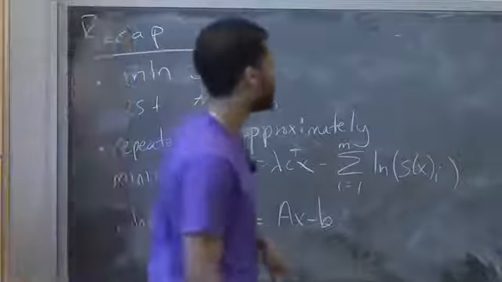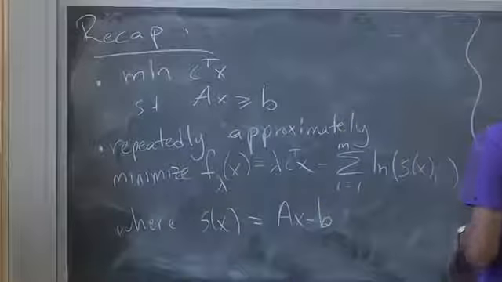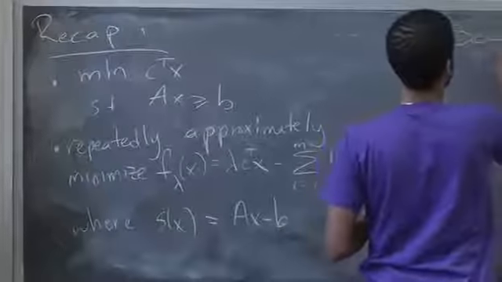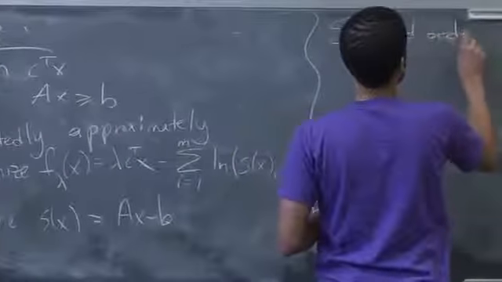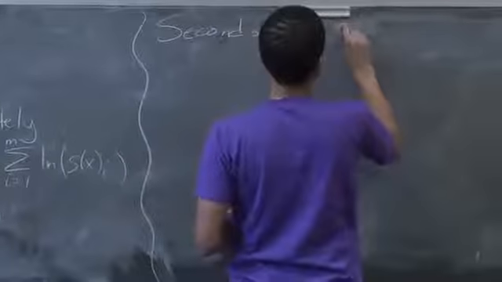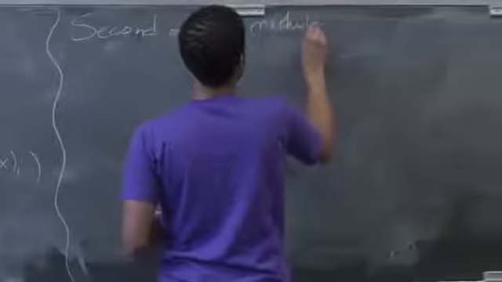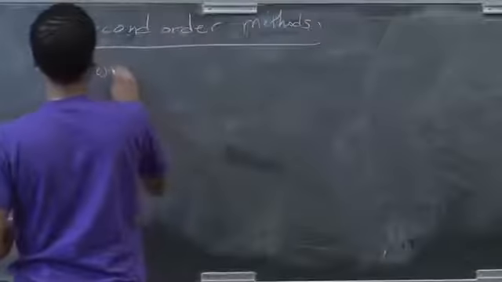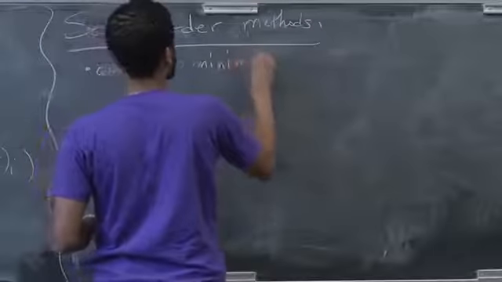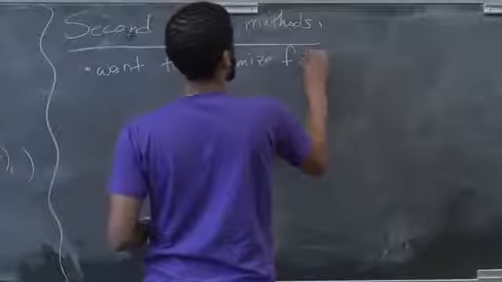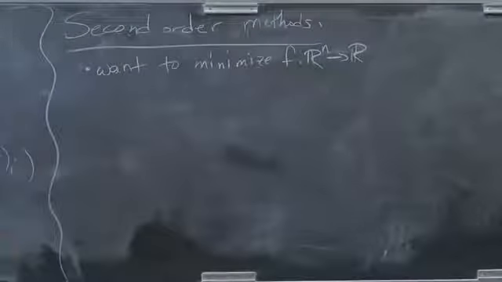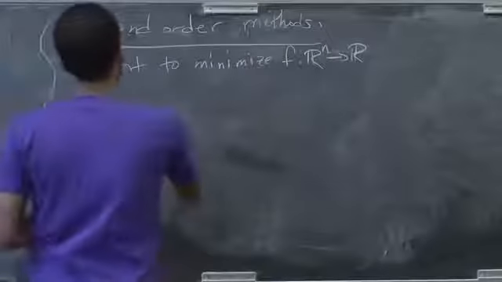Okay, so I want to tell you a little bit about Newton's method. So second order optimization, second order methods. We want to minimize some function f, which maps R^n to R. Okay.